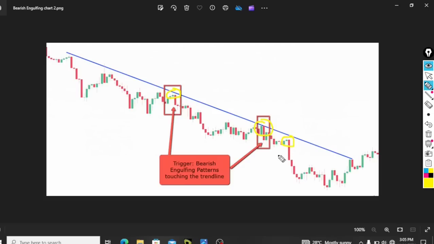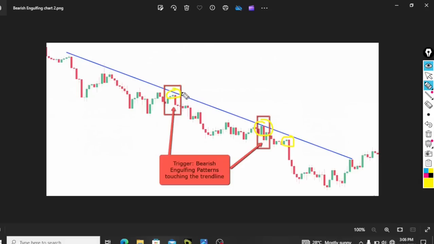All these places I'm pointing to are places you could have entered, and then you would have made your gain. So bearish engulfing is not too hard to identify once you master how it looks. Anywhere it occurs, you should be able to identify. Look at this one now, a bearish engulfing too. Look at the whole of this trend line. There are a lot of bearish engulfings, and each of them was a clear signal for you to go short, for you to sell.